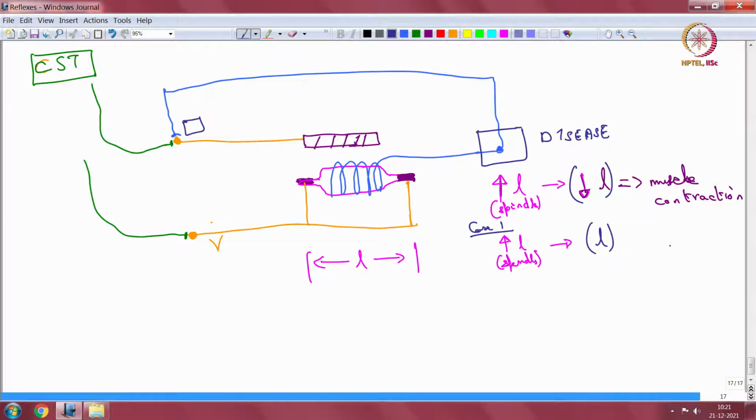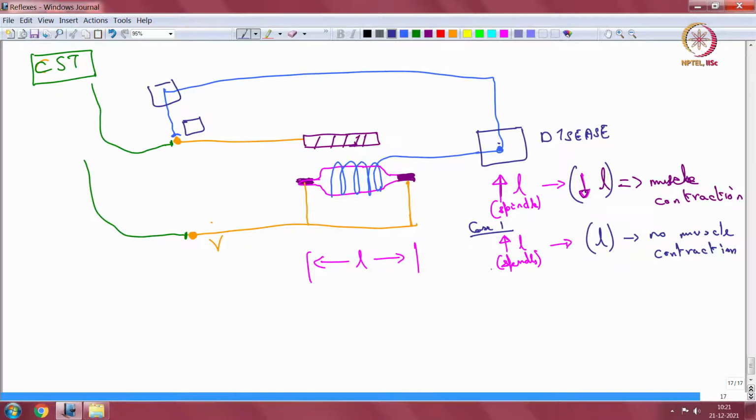So, that indicates that there is no muscle contraction, and no muscle contraction is indicative that there is a disease somewhere in this circuit. So, where would the disease be? It can be here, it can be here, it can also, okay, we will do that in subsequent cases.